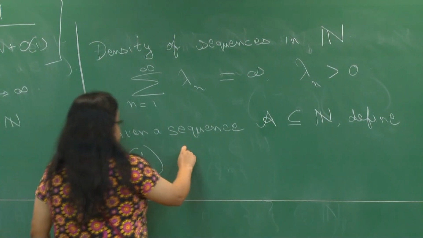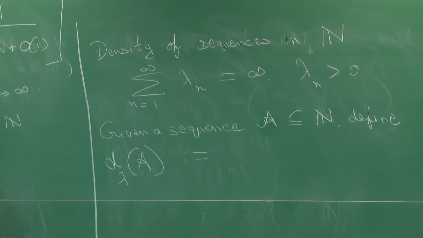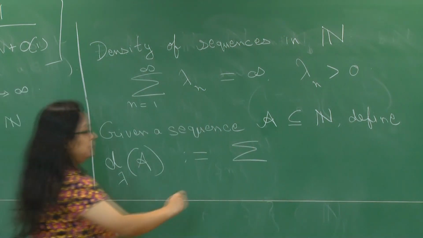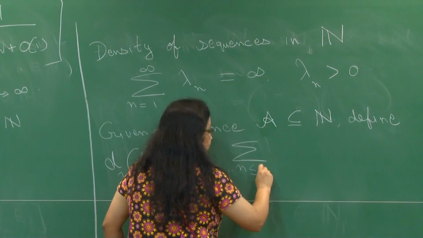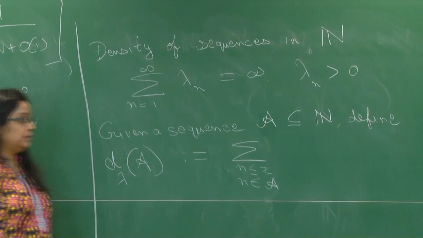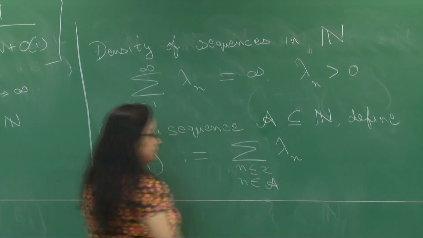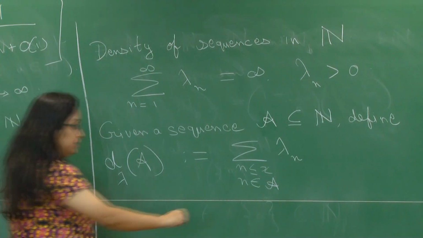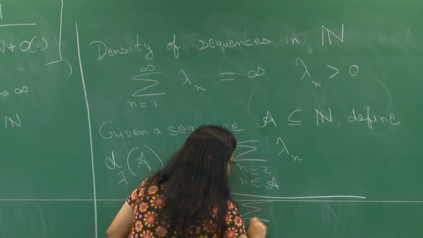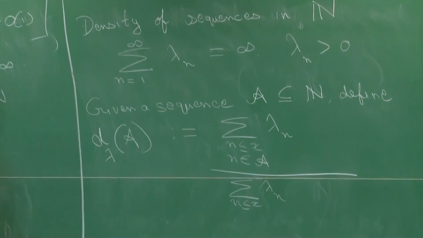It is the following ratio: first we sum over all those n up to x where n lies in this sequence, lambda sub n, divided by the sum over all n less than or equal to x of lambda sub n.